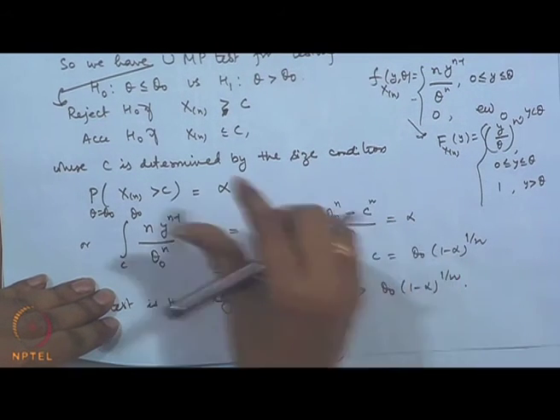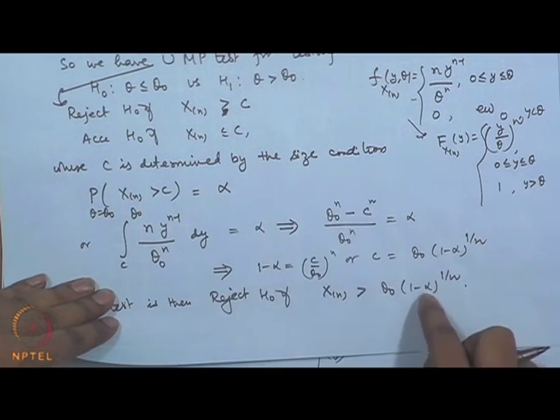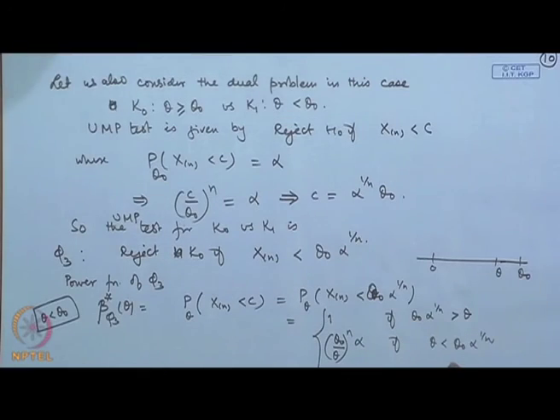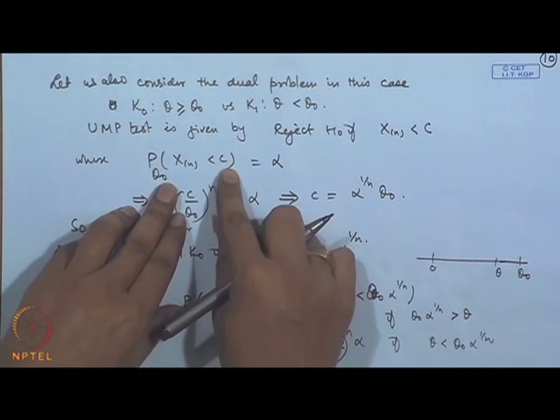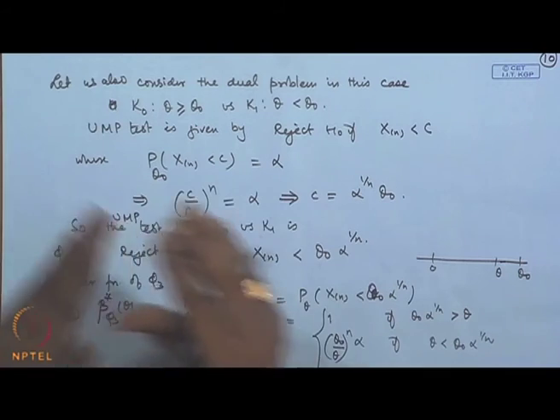So if we distribute that probability, we can slightly modify this statement here, and similarly for theta less than theta naught, the rejection region is x n less than something. So x n greater than something, x n less than something. I can combine these two statements to get a UMP test here for the two sided problem also.